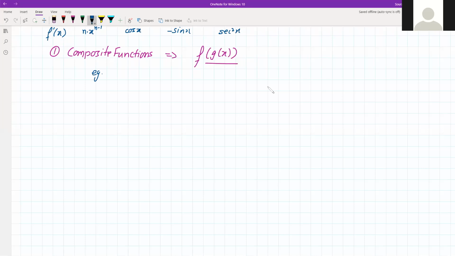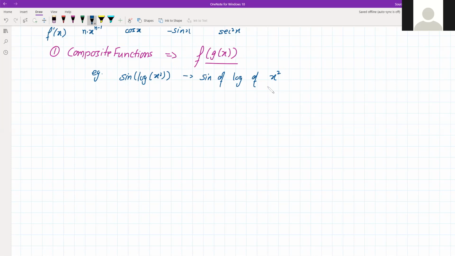Example for this, say for example, sine of log of x square. So this is a composite function, and you can see that there are three levels of them. Sine is the outermost function, innermost function is an exponential function, and the function in between is actually log. So we read it as sine of log of square of x. So square of x can be just written as x square.